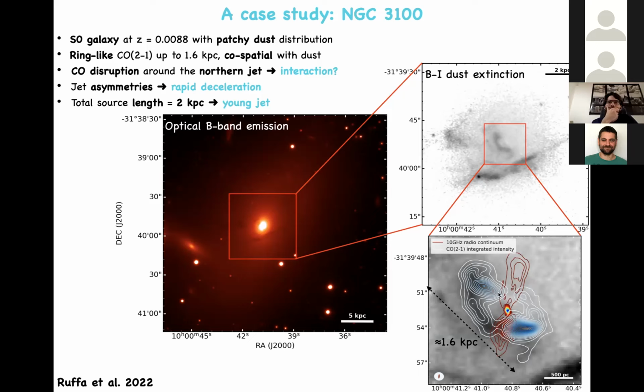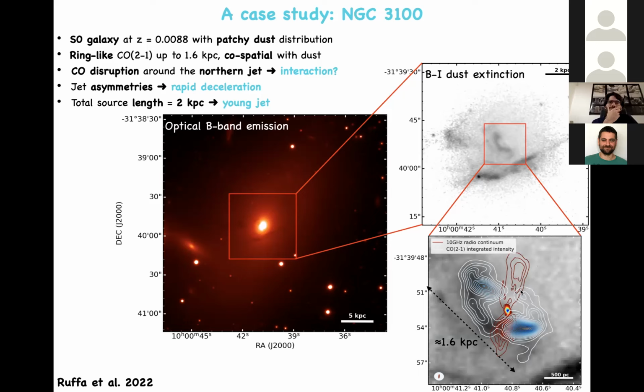Another interesting feature, which made us think of a possible jet-gas interaction in this object, is that the CO distribution here in the bottom right panel is clearly disrupted in a position coincident with the bend of the northern radio jet, here overlaid in red contours from our 10 gigahertz JVLA observations.